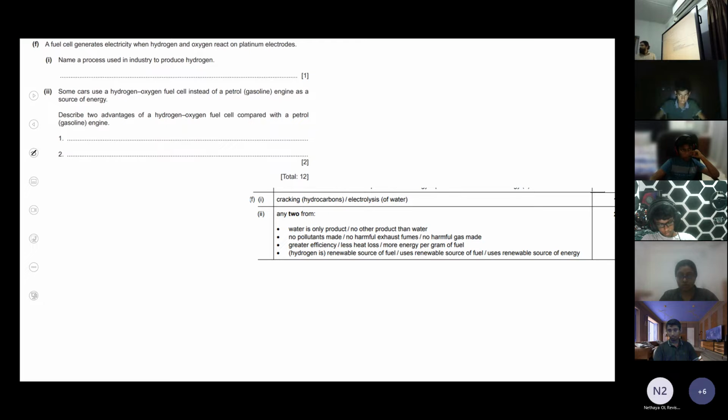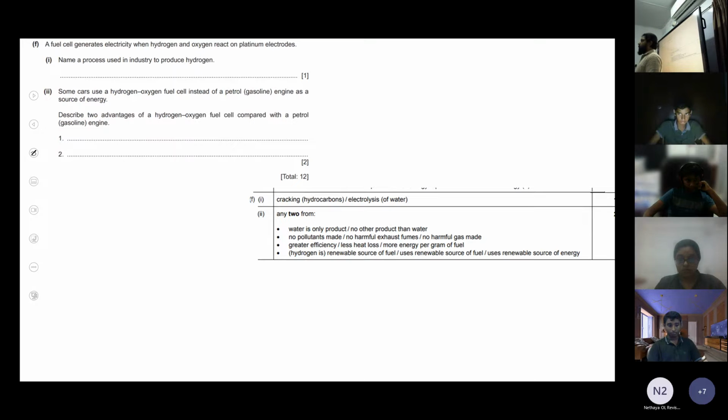Too general, eco-friendly. Eco-friendly means no pollutants. Without a connection to pollutants, you could still think something can be eco-friendly, right? It's not entirely related to the pollutants, right?